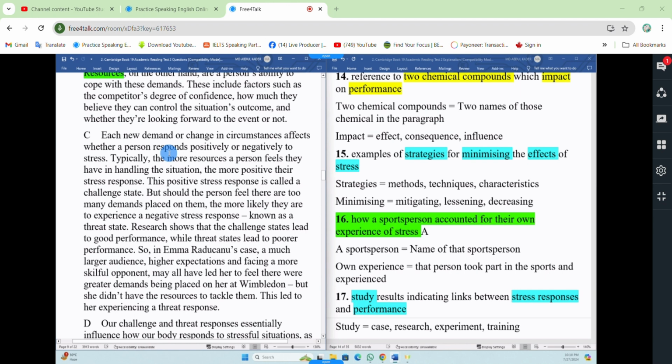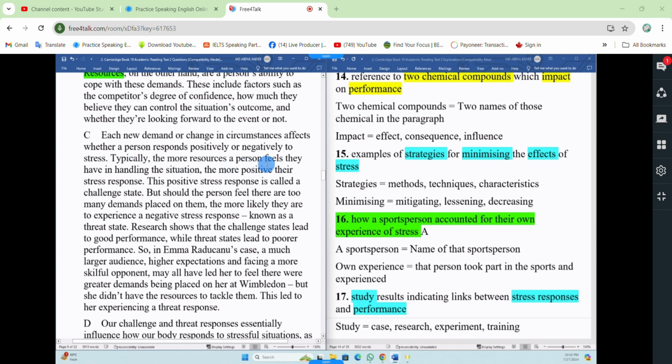That means a demand or change in circumstances, in environments, in situations, or in positions obviously affects a person's response, positive or negative stress.